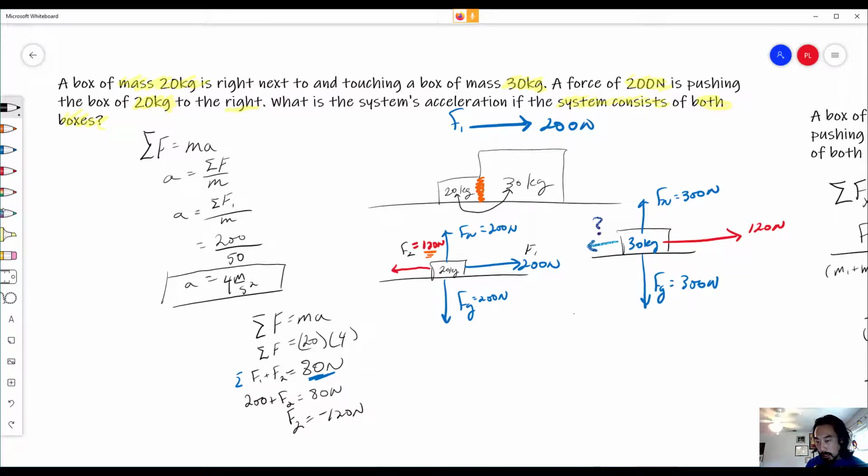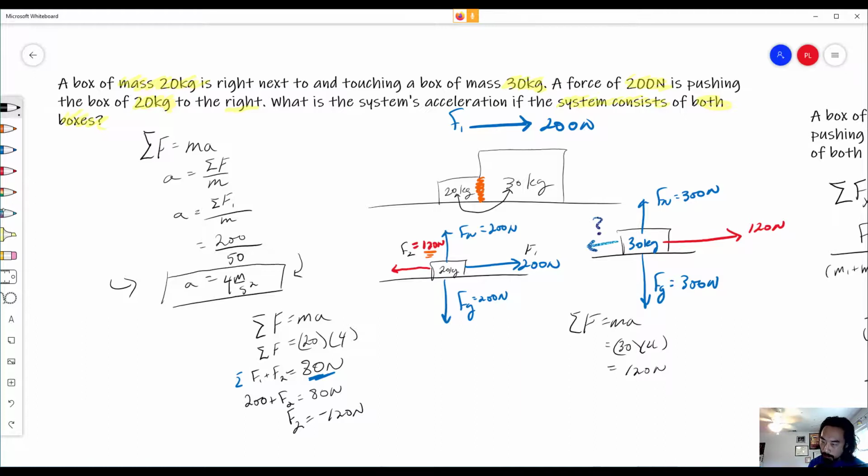By using Newton's second law, F equals ma. We know that the mass of the box is 30 kilograms, and from the math right here, we know that the 30 kilogram box is accelerating at 4 meters per second squared. So 30 times 4 gives us 120 newtons. That must mean that all the forces in the x direction add up to 120.